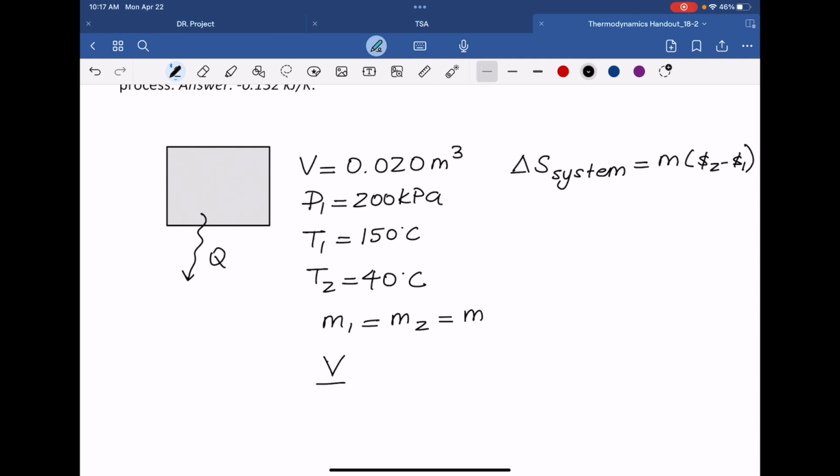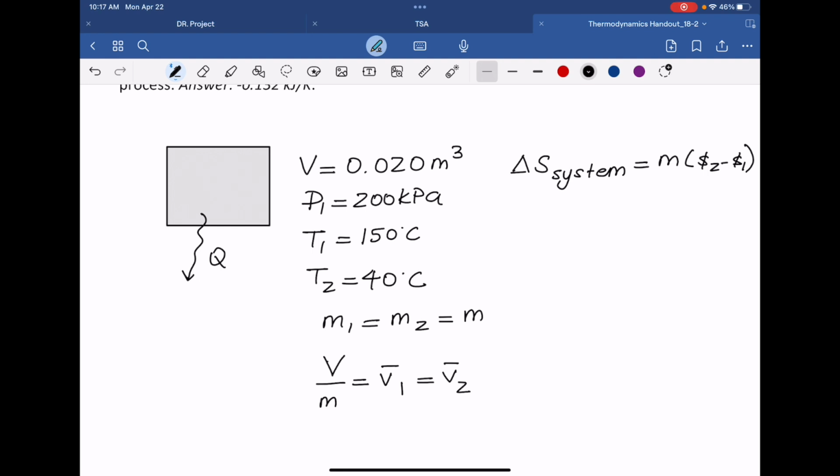If mass and volume are the same, then specific volume has to be the same, right? I know specific volume and temperature at the second state, so I can find second state specific entropy.